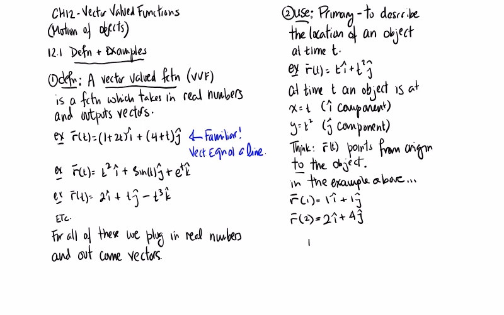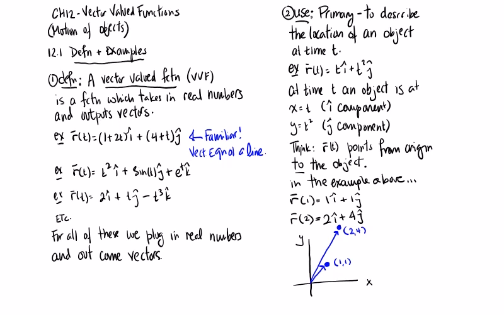Then you can think of it one of two ways. You could think to yourself, okay, at t equals 1, we're pointing to the point 1, 1, right here. And at time equals 2, we're pointing to the point 2, 4. It's way up here. This is not drawn to the best scale. This is 1, 1. This is 2, 4.